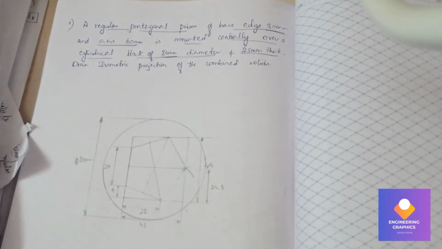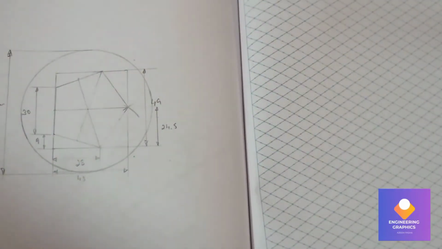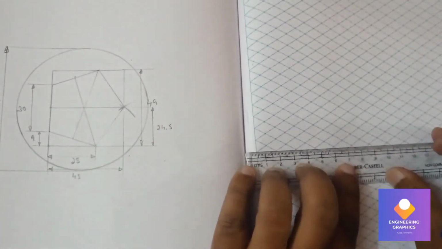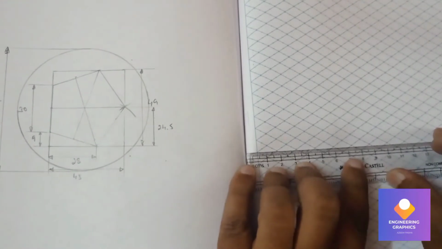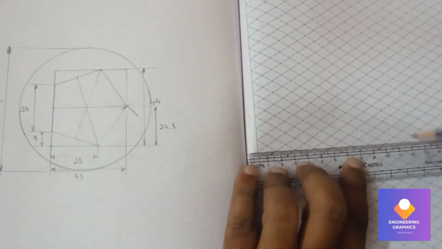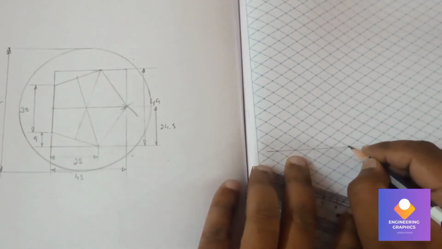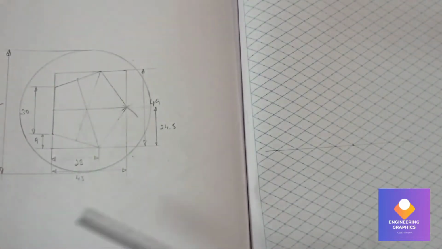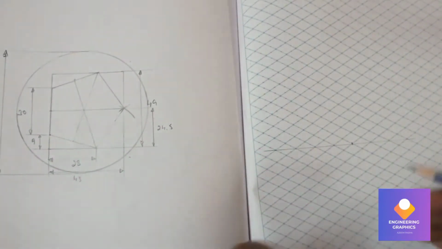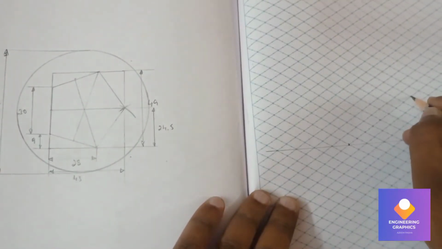Okay, now we need to construct the isometric of it. So first we need to construct a box of 80 by 80, that is an 8 by 8 box. First I will draw a reference line. Okay, then we'll take a reference point. From that reference point I'll be counting 8 boxes: 2 3 4 5 6 7 8.